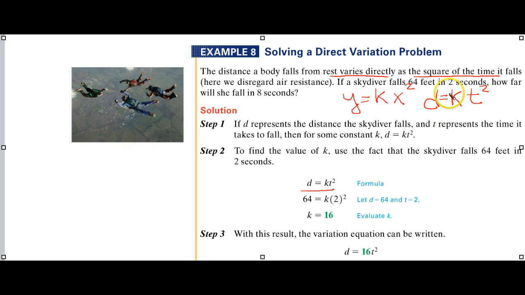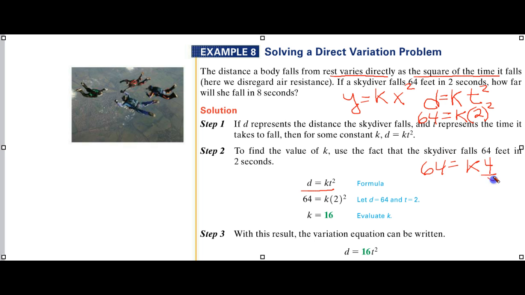Now we substitute. He or she will fall 64 feet in 2 seconds. So this is going to be 64 equals k, and we put the 2 there, but now we need to square the 2. So this is going to be 4. So we get 64 equals k times 4.